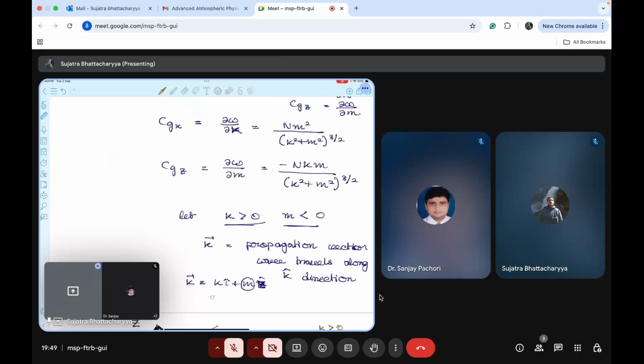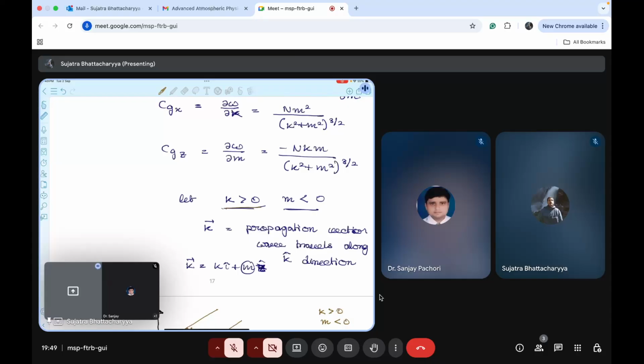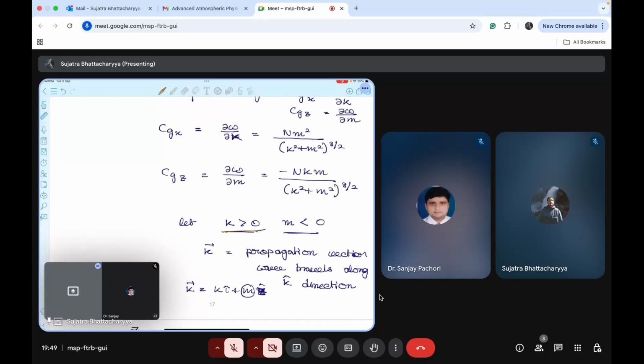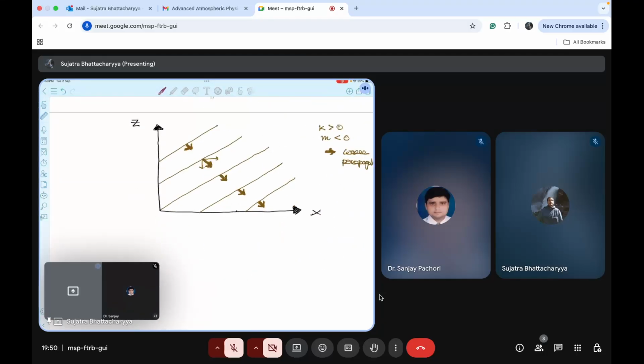What about the group velocity? If we assume k greater than 0, m less than 0, Cgx becomes what? This is m square, so it is positive. So Cgx will be positive. What about Cgz? m is less than 0, k is greater than 0, so this becomes negative times negative, positive. Both are positive. So your group velocity will be along the phase, in the positive x direction and positive z direction.